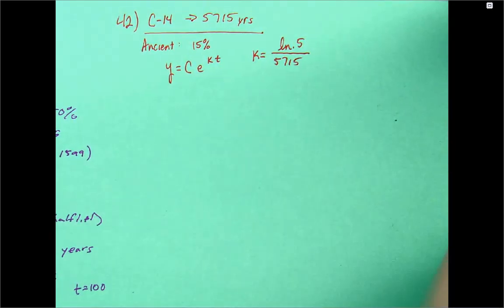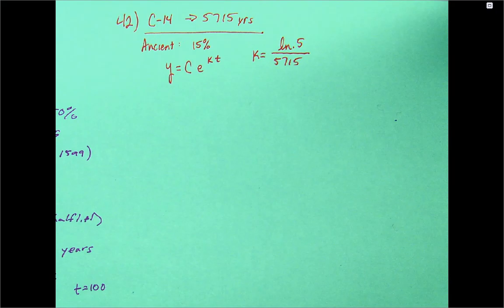So we can use that. We can use natural log of 0.5 because that would be for half-life, and the half-life of carbon-14 is 5,715. So now I know y is equal to C e to the natural log of 0.5 over 5715 times t. Now, do I know what the initial amount of carbon was? We're still talking in percents, aren't we?